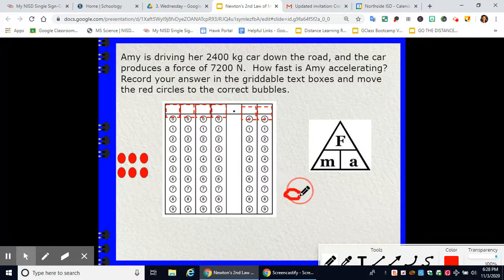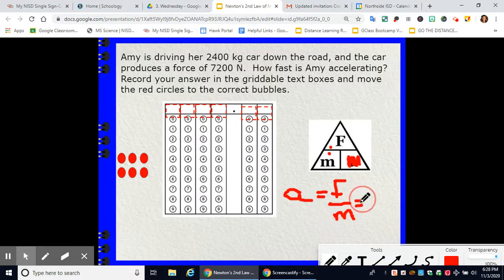So what would be our formula for acceleration? We'd cover up acceleration, and our formula reads force divided by mass. Then I would plug in my numbers.